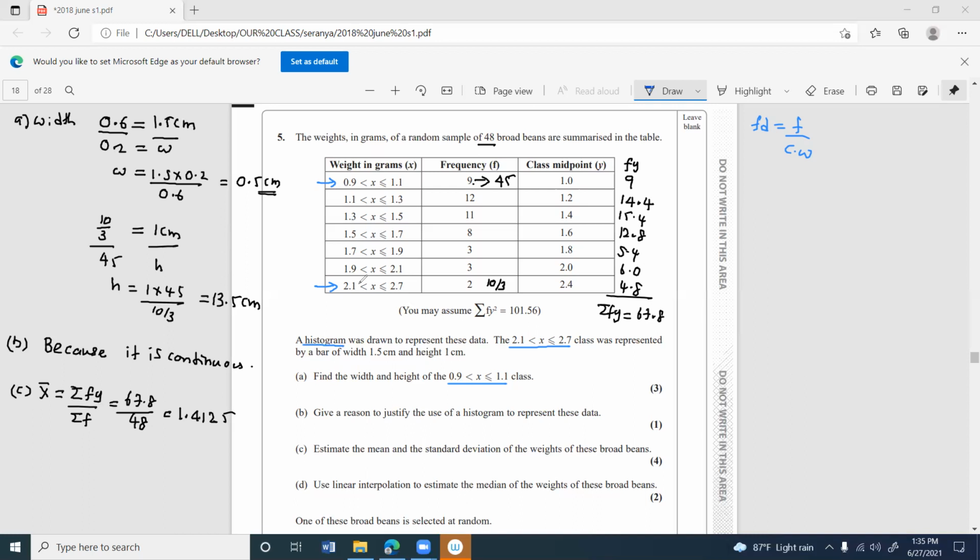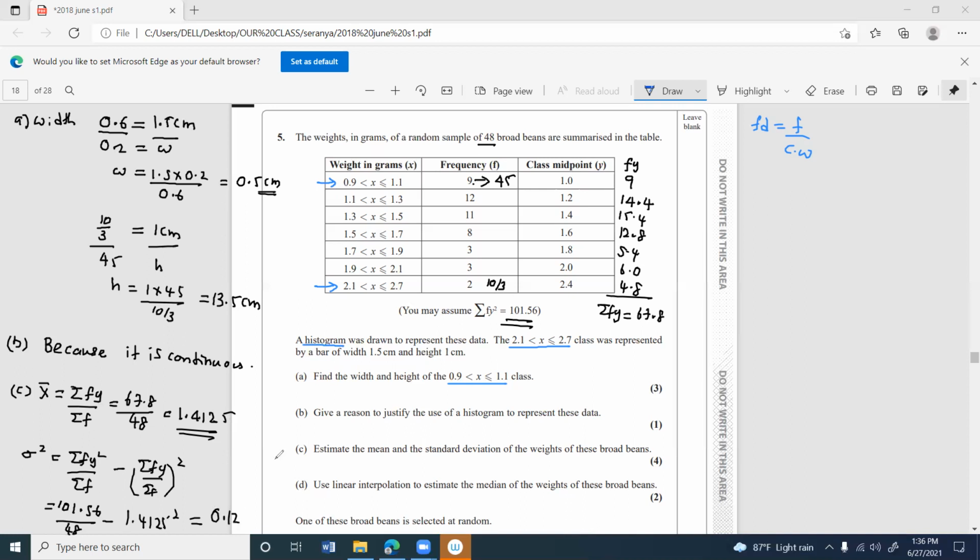Then the standard deviation. You can't find it directly. Initially, you have to find sigma squared, the variance. That is the summation of fy squared divided by the summation of f, minus the whole thing squared. This is already given, so no need to find it again. 101.56 divided by 48, minus 1.4125 whole squared, works out to 0.12.